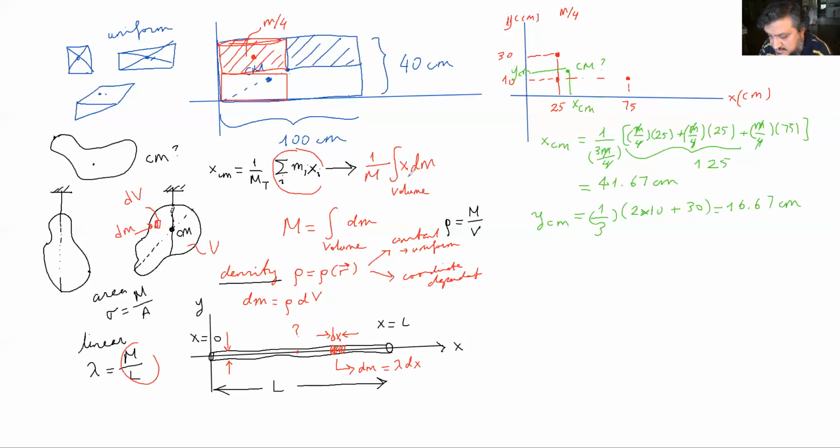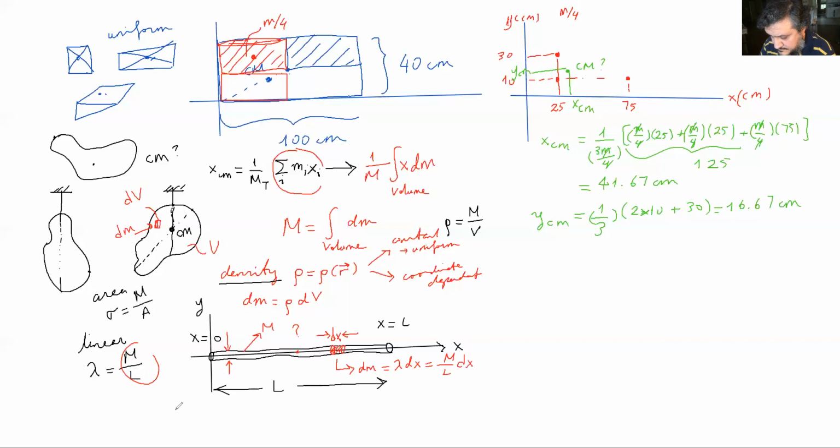This will be our formula. So the total mass is, let's say, m. Therefore, lambda is equal to m over L. This times dx is dm.